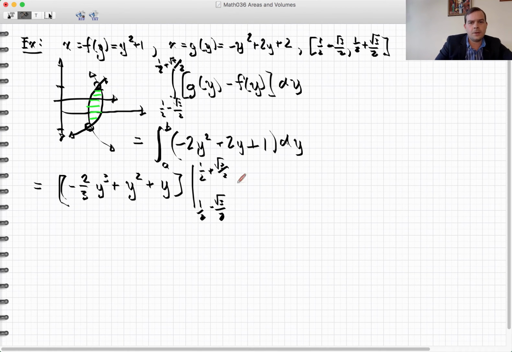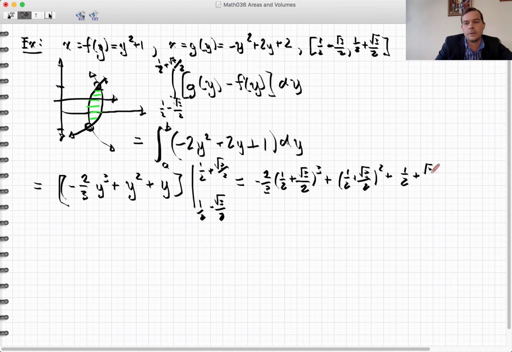So this seems problematic, but ultimately, if we're careful, we can consistently cancel out a number of terms that would normally seem like a problem. So I'm going to have minus 2/3 times 1/2 plus square root 3 over 2 cubed plus 1/2 plus square root 3 over 2 squared plus 1/2 plus square root 3 over 2.